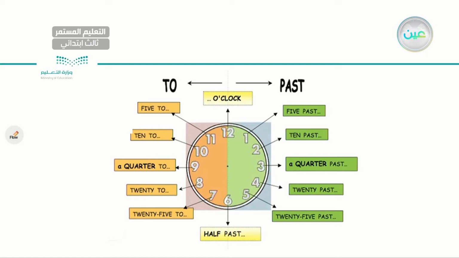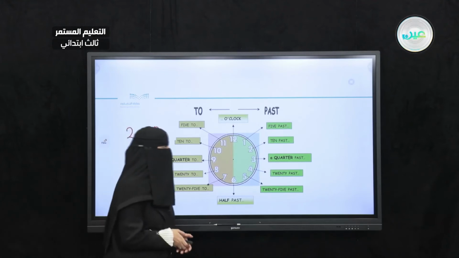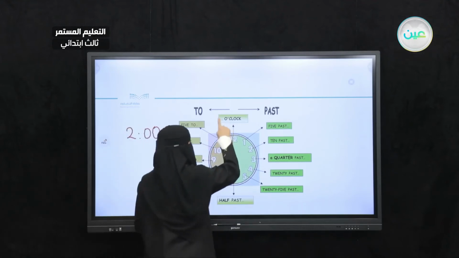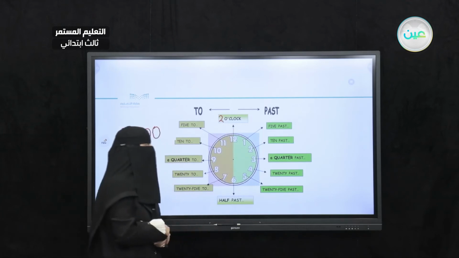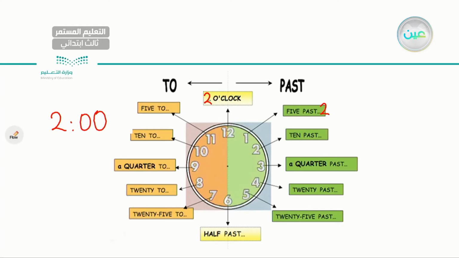Now, let's go into details. Let's start by saying maybe it is 2 o'clock, exactly 2 o'clock. So, each and every time we will add 5 minutes, okay? So, it's 2 o'clock. It's 5 past 2.